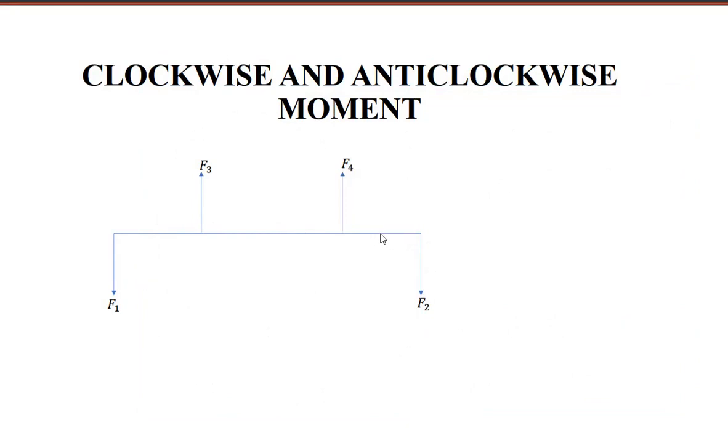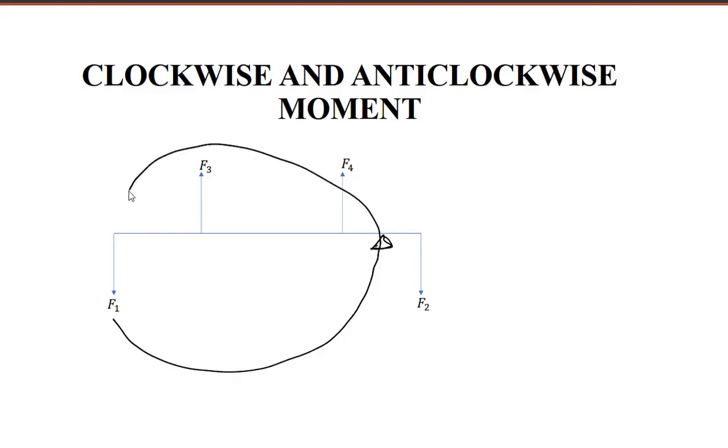Now let's assume that the knife edge is at this spot, at this point. If we move F1, F1 is moving like this, which is what? Anti-clockwise. F1 is anti-clockwise movement.